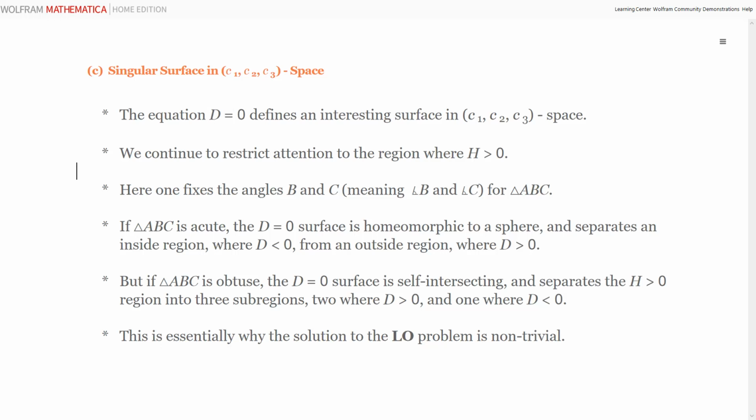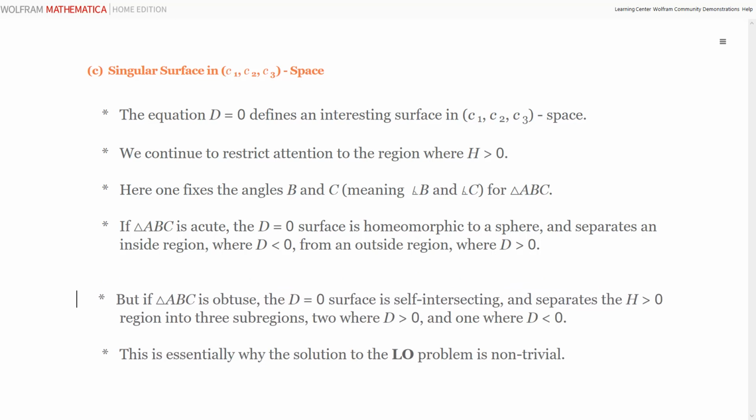We're going to continue to restrict our attention to where H is greater than 0. And I don't want to spend too much time on this. Let's just do it. Maybe I better explain about this.